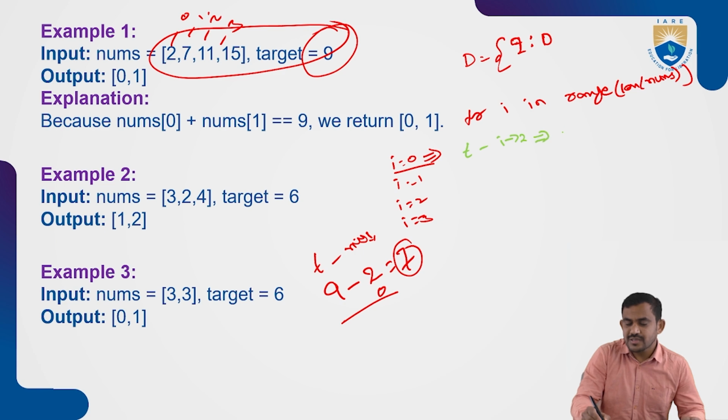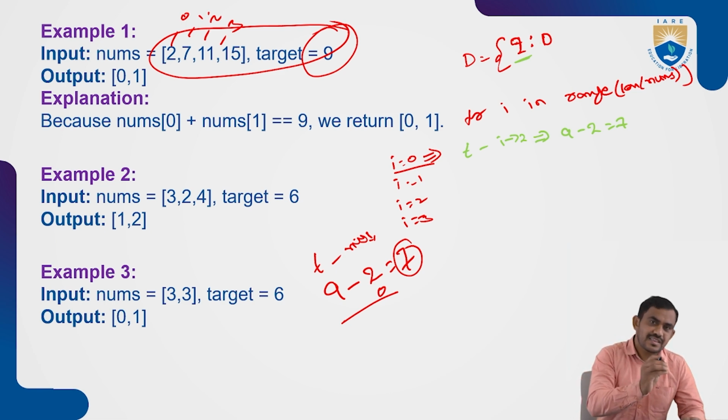So the logic is 9 minus 2, we have 7. Is 7 there in the dictionary? No, so leave it. 2 is your ith value and 0 is its index, so 2 is stored with the value 0. Done.